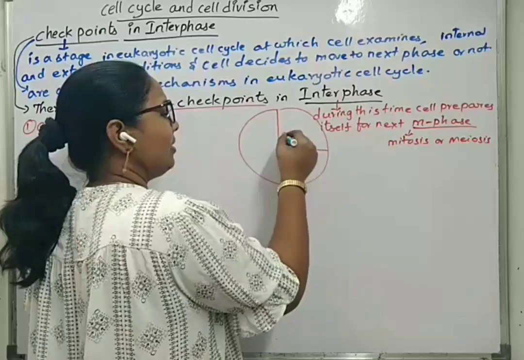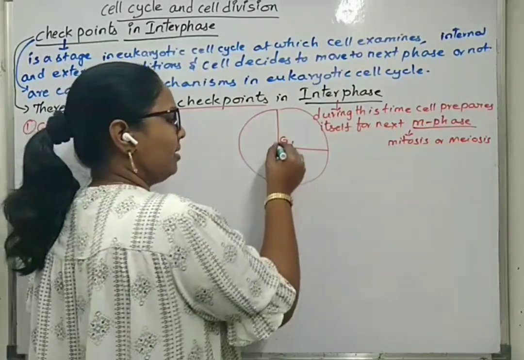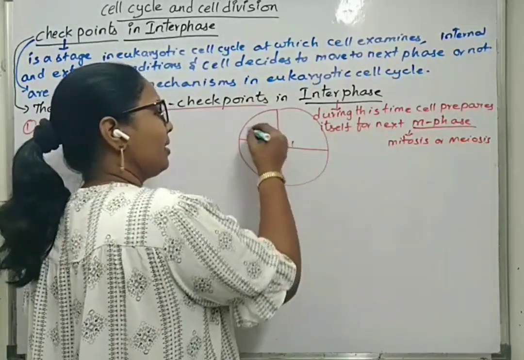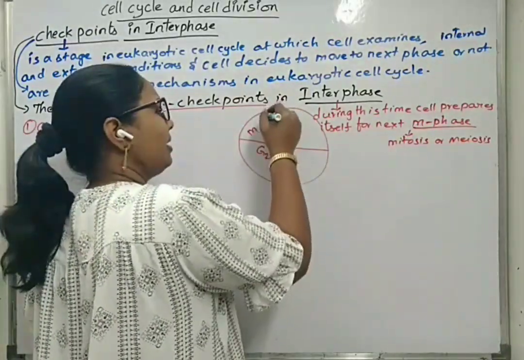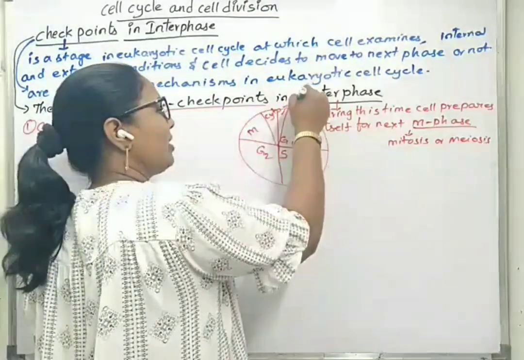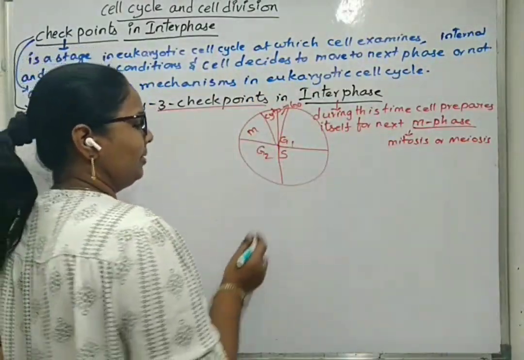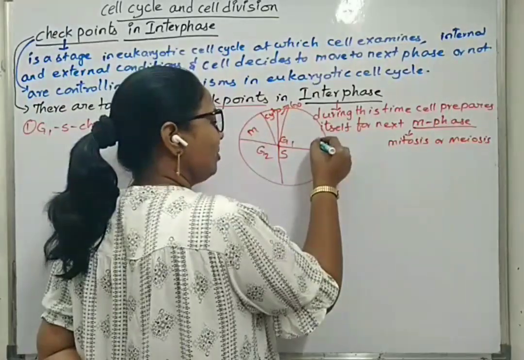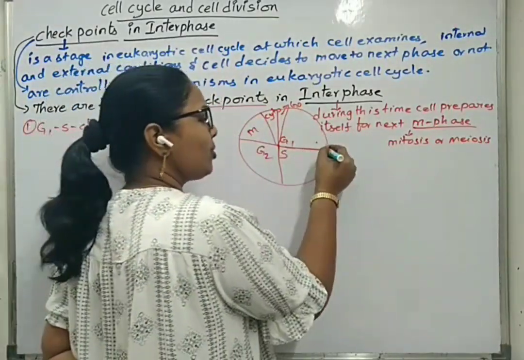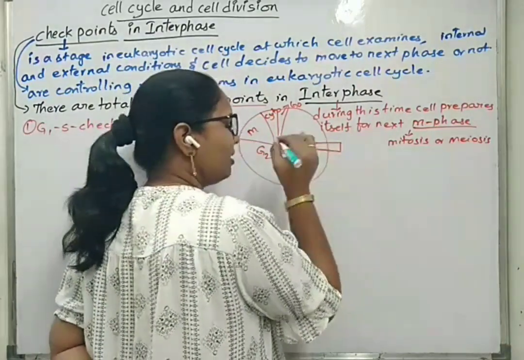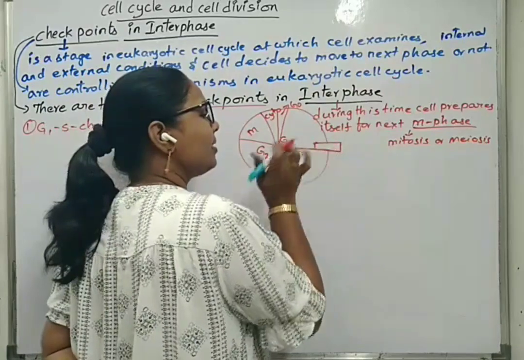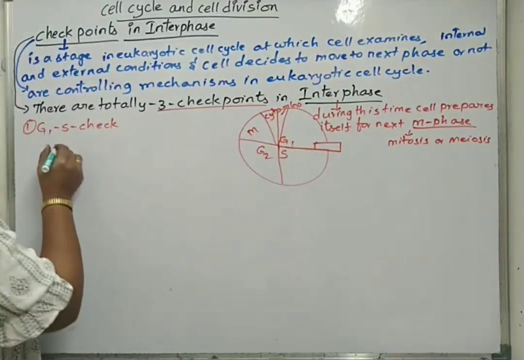Sometimes we give G1 phase, S phase, G2 phase, and here will be M phase and cytokinesis, later G0 phase. So this line indicates the completion of G1. By this time, the cell checks whether the G1 phase is successfully completed or not.